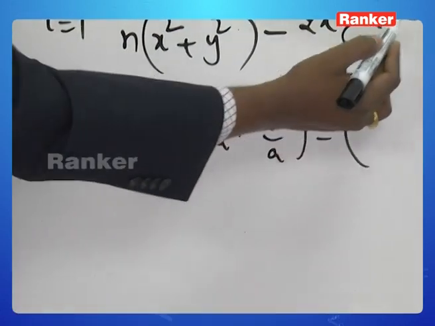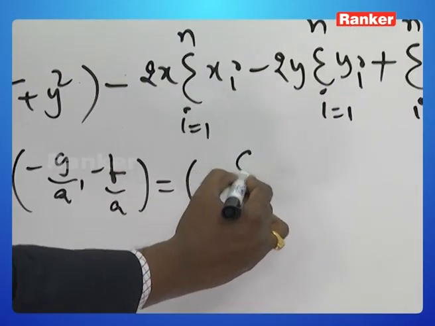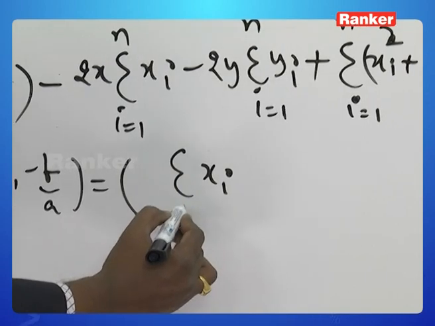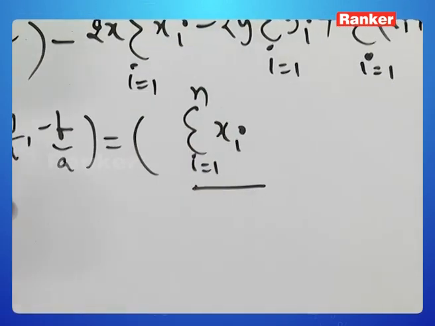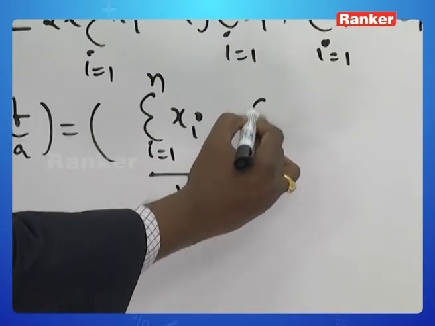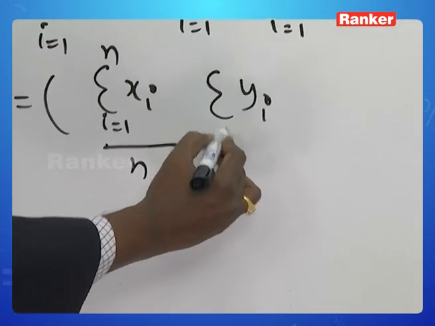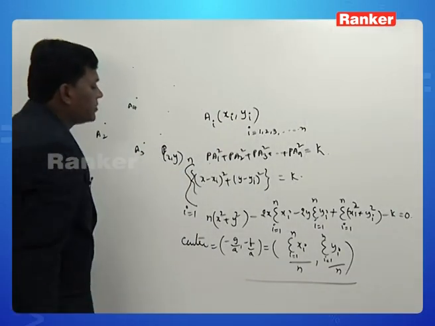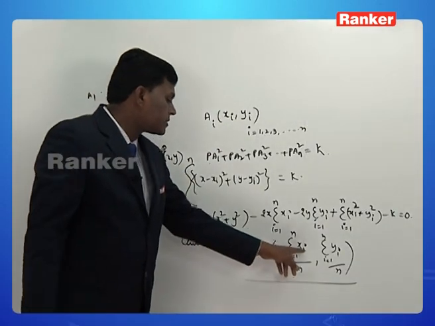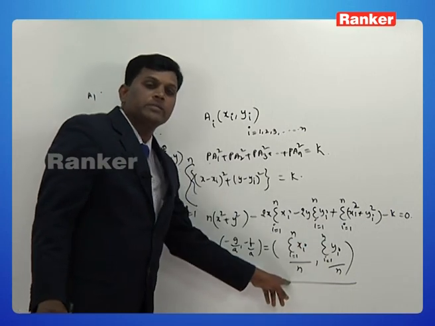Minus g by a will be summation xi, i from 1 to n, divided by a which is n, and summation yi by n, which gives you the average of abscissae and average of ordinates.